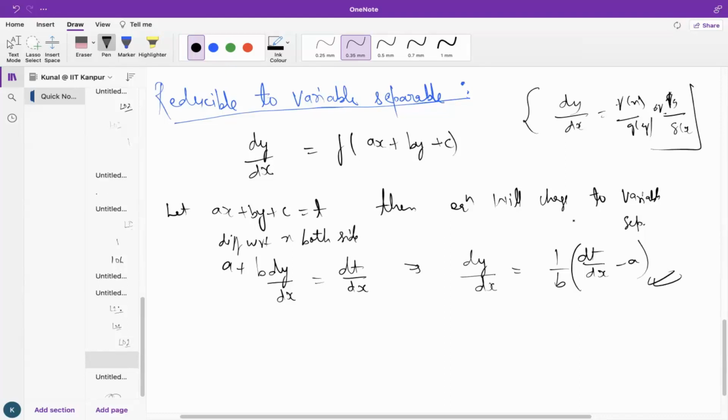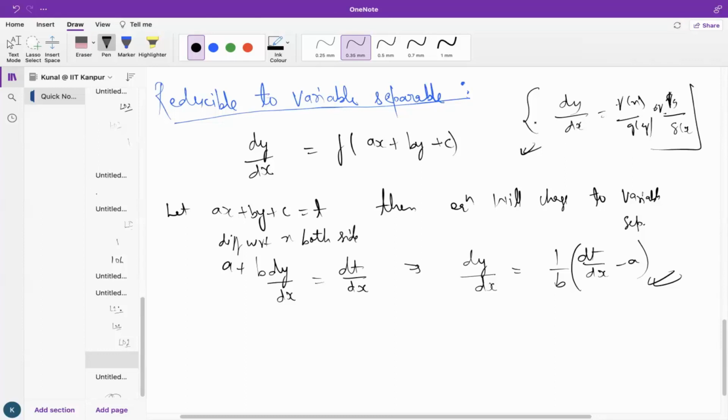Let me tell you again what I'm doing here. Let us suppose this is the form of variable separable. If our given differential equation is of order one and degree one, we can apply variable separable.